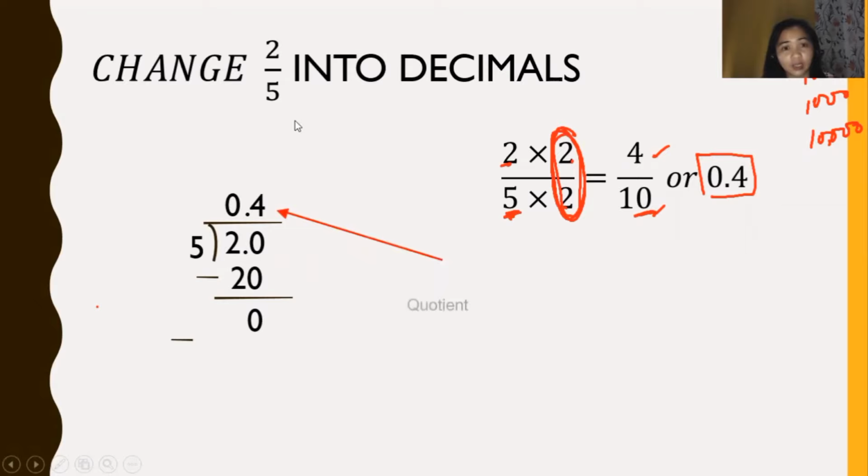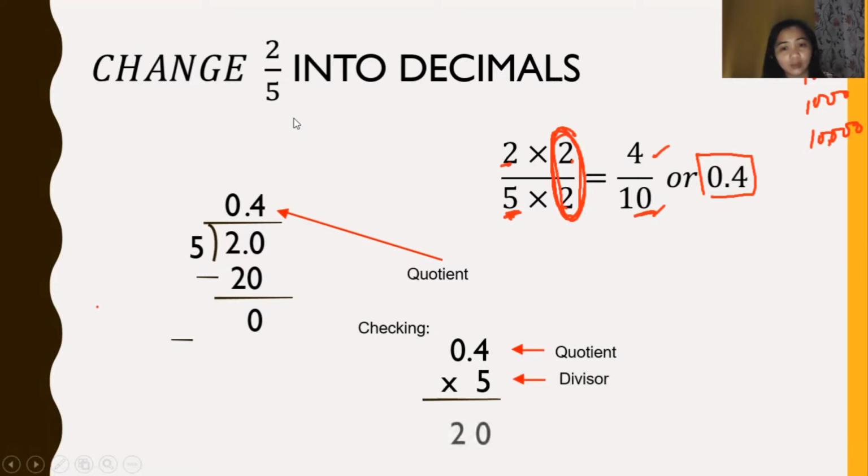We can also check. That is the quotient. Let's check. We have 4 tenths times 5. This is our quotient and this is our divisor. So that is equal to 20, pero meron tayong decimal point 1 place.